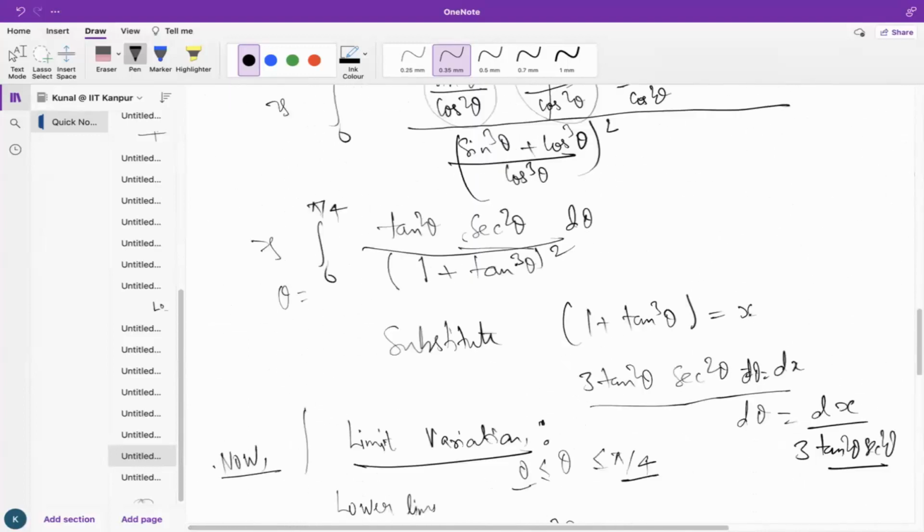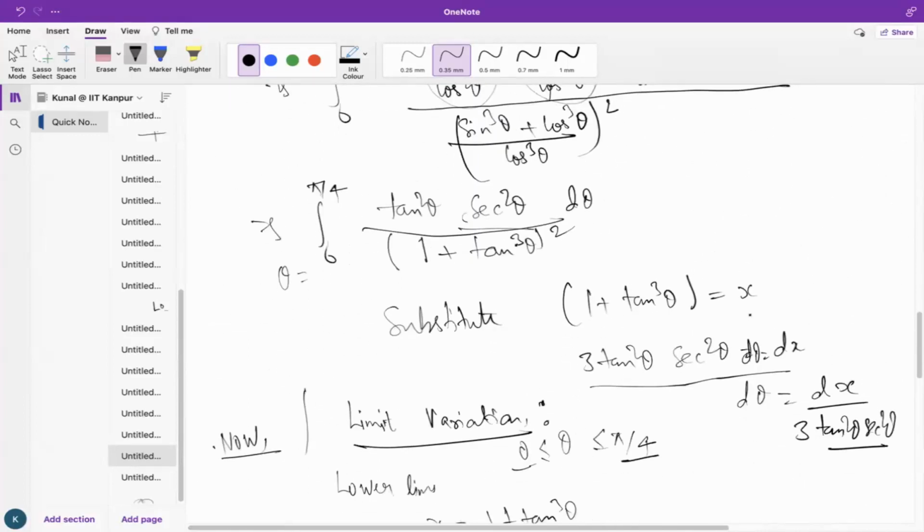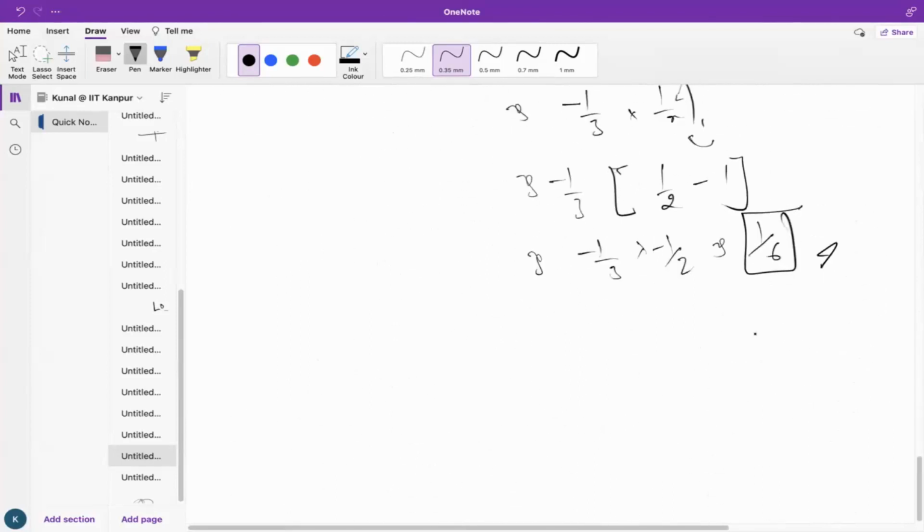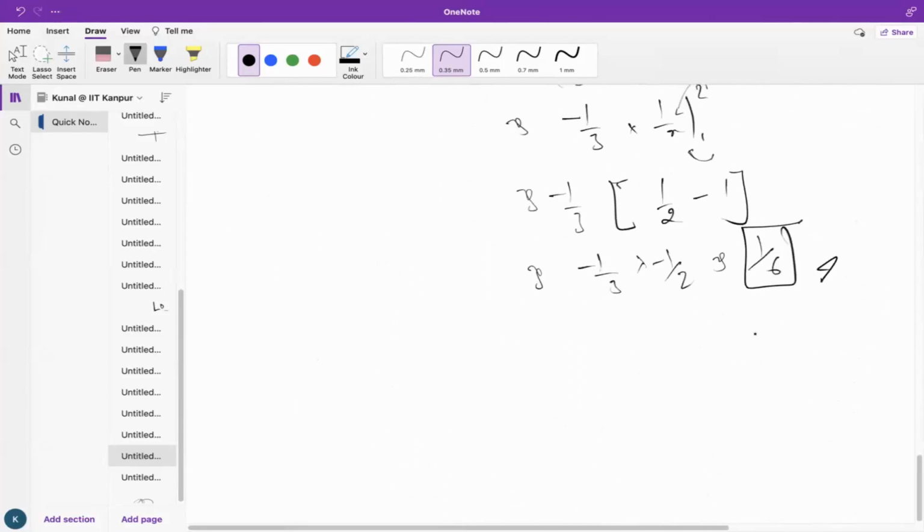Now let's move on to another problem, which is also based on manipulation. This is problem number 3.